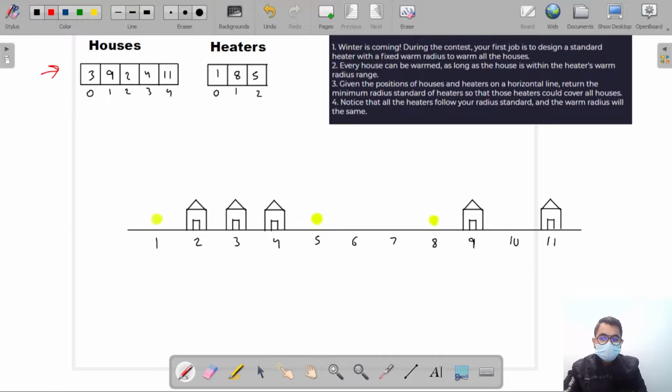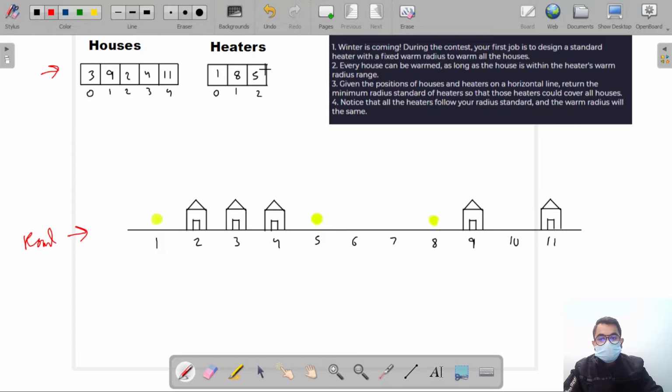So let's suppose that this is a road, and on this road there are some houses, and this houses array is storing the house numbers: house number 2, house number 3, house number 4, house number 9, house number 11, which are present in my houses array. It is containing nothing but house numbers.